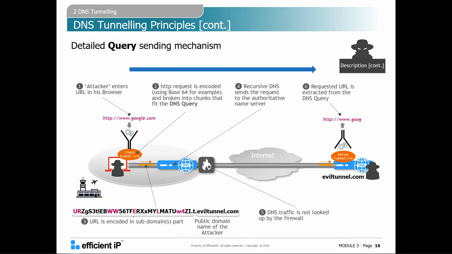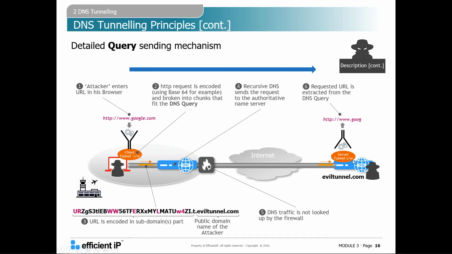So this is how it works. The attacker uses this tunnel server as a proxy to send HTTP requests through the DNS tunnel, which will encode the request as a DNS query and send it past the firewall to this server.